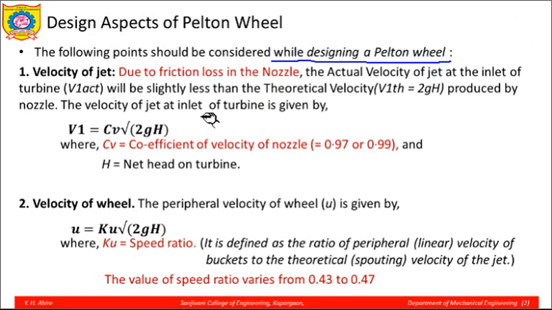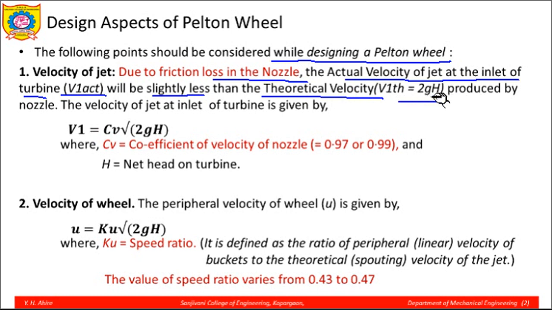The first is the velocity of jet. Now it is a fact that due to friction loss in the nozzle, the actual velocity of jet at the inlet of turbine, that is V1 actual, will be slightly less than the theoretical velocity, that is V1 theoretical, equal to root of 2gh.